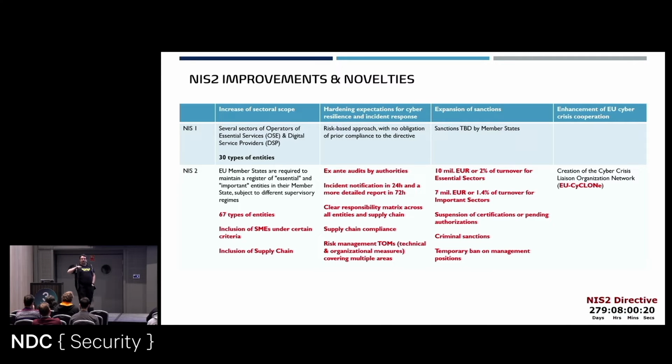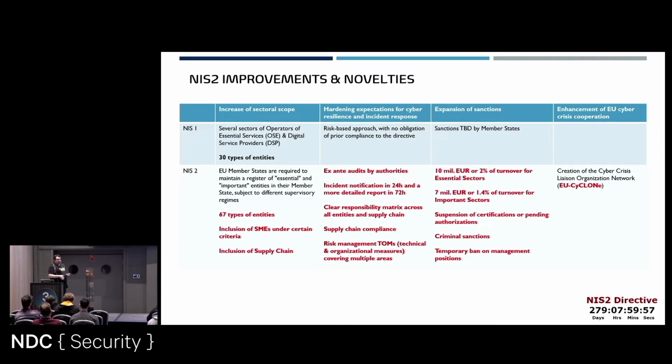So if you're part of a supply chain, even if you don't fall under the sectors that it covers, if you, for instance, provide services for a company that falls under NIS, then you need to also be compliant with the requirements of the directive. So that's a thing to keep in mind.